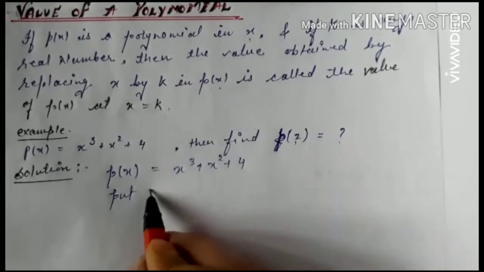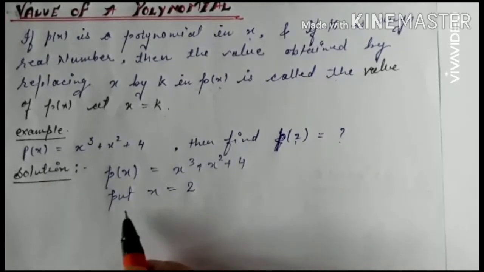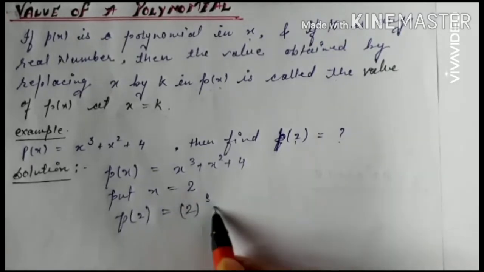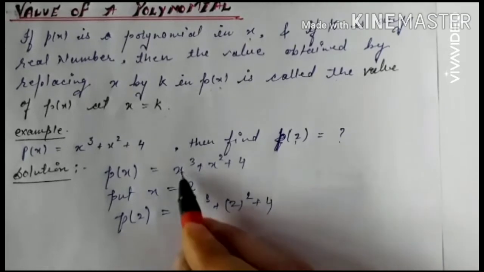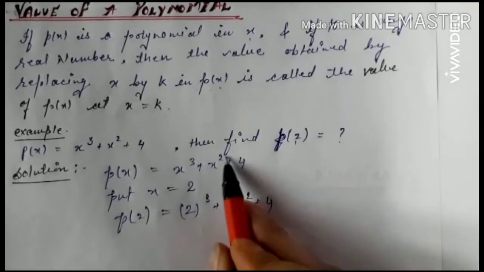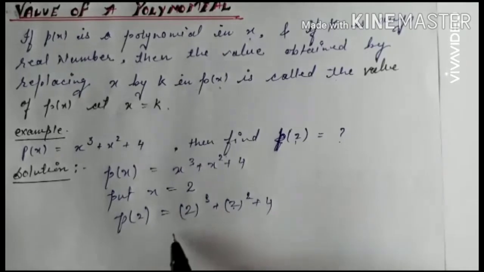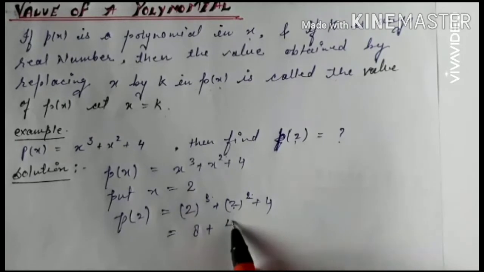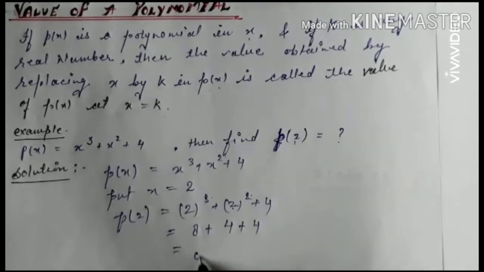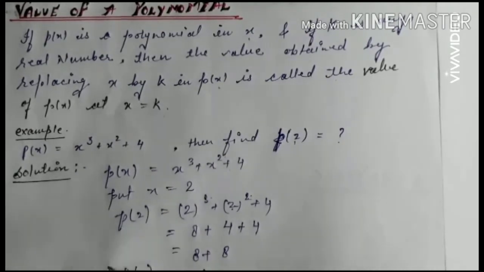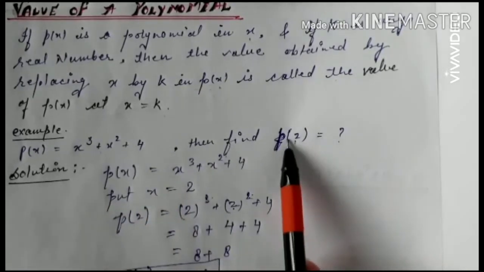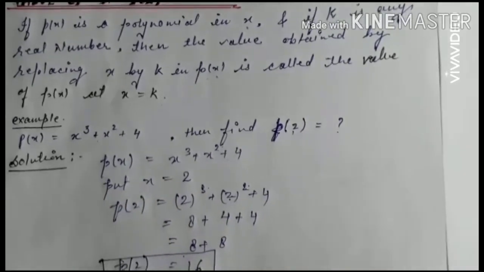So put x equal to 2. p(2) is 2 cube plus 2 square plus 4. Simplifying, 2 cube is 8, 2 square is 4, plus 4. Adding, 8 plus 4 plus 4 becomes 16. So p(2) equals 16.